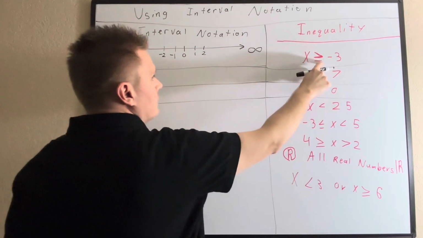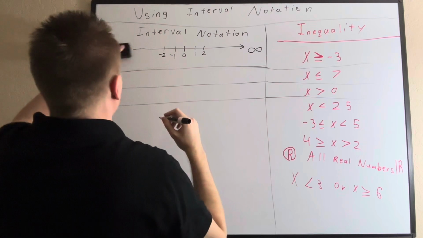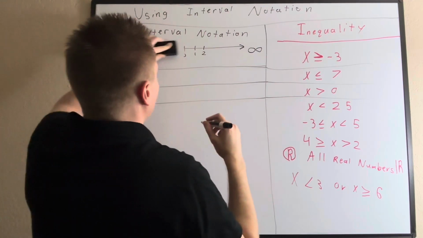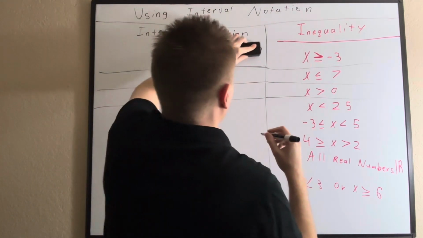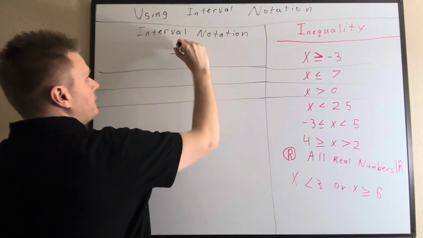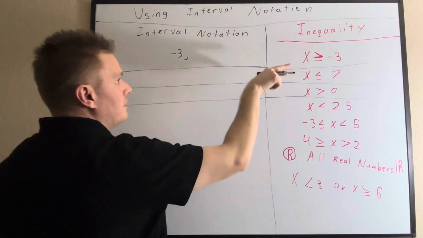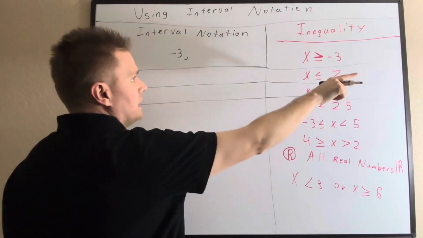X is greater than or equal to negative 3. We start at negative 3. I'm going to have to remove this to give myself some room. We start at negative 3, right? And we go to the right because we're greater than negative 3.